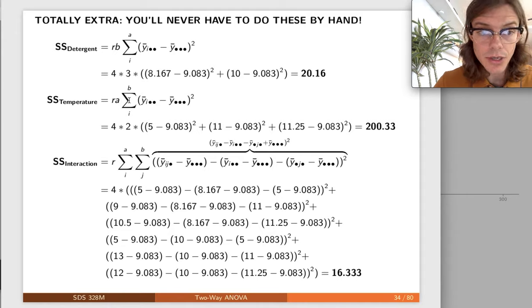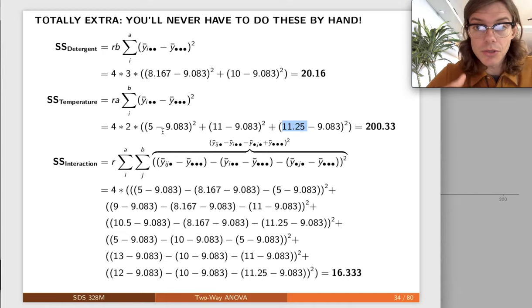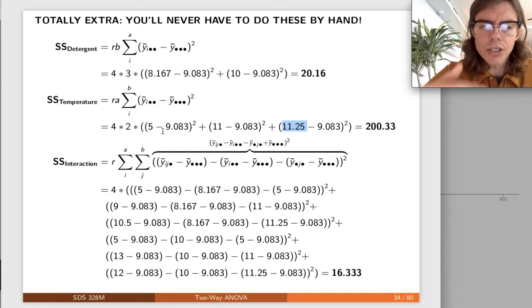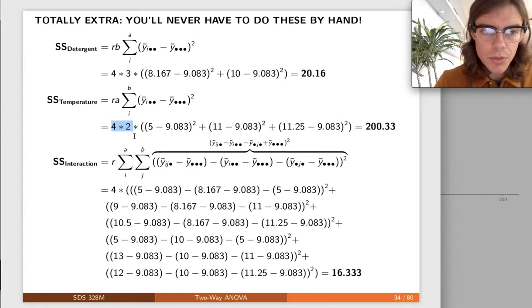Same thing for temperature. How far is each individual temperature mean, the mean cleanness for low temperature, for middle temperature, and for high temperature, from the overall mean? This is just the variability of the temperature means around the grand mean. Make sure to weight it by the number in each temperature group.